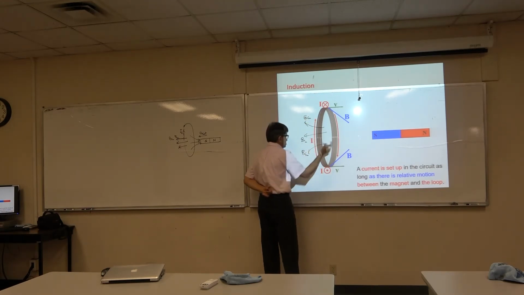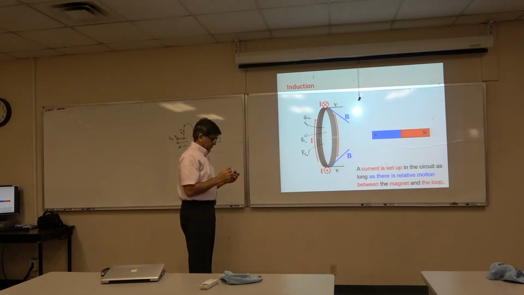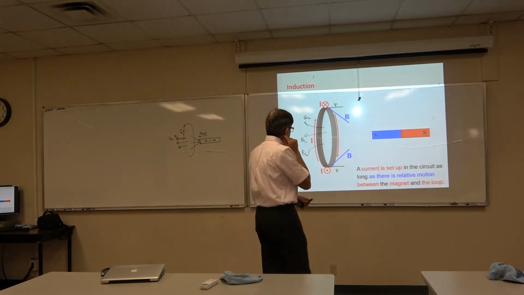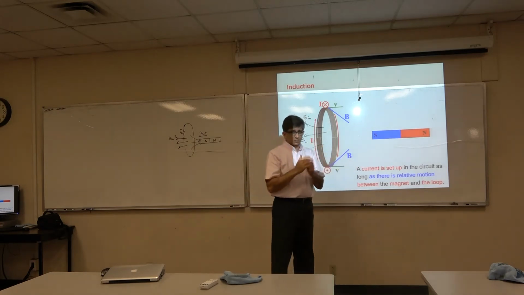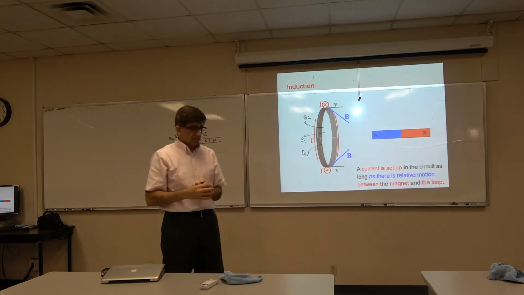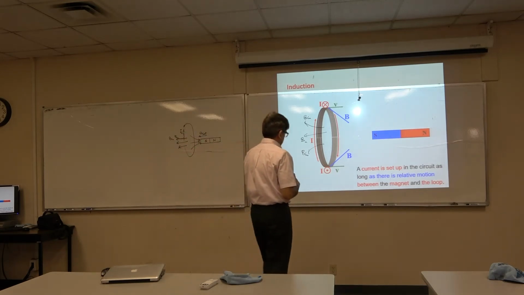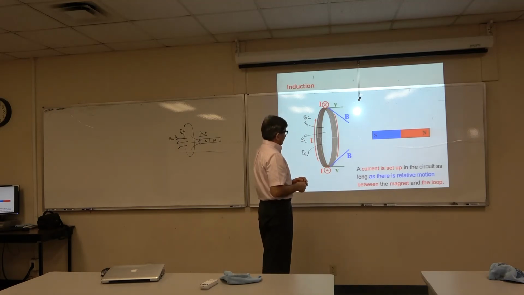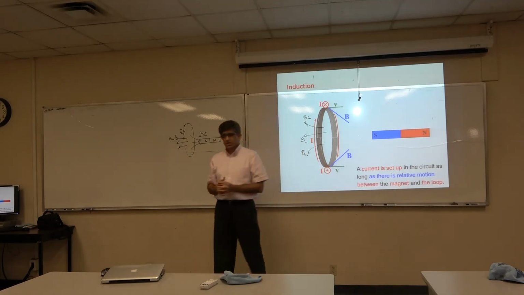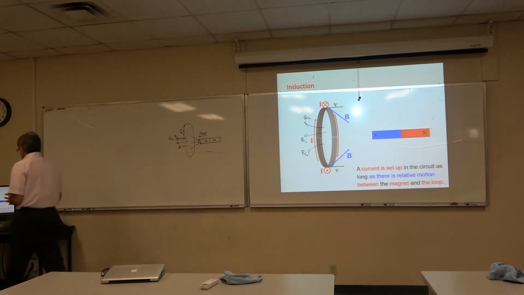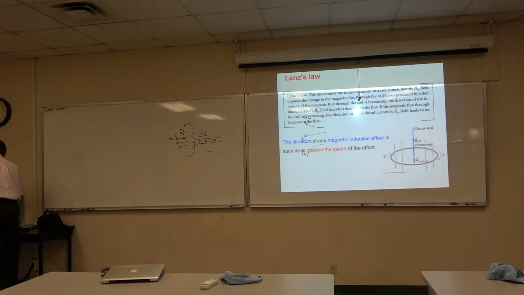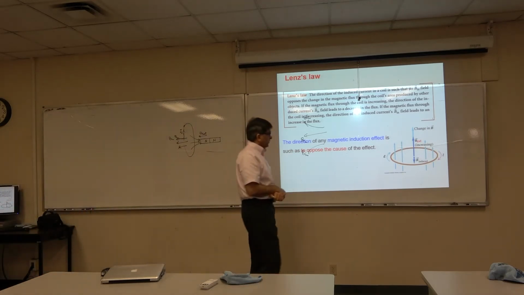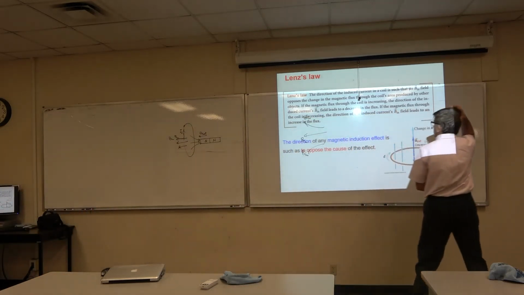Alright, so this is opposing the external magnetic field, in order to keep the same flux through the conducting coil. This way we can set up a current in the conducting loop. Now this leads us to an important fact which is called Lenz's law.